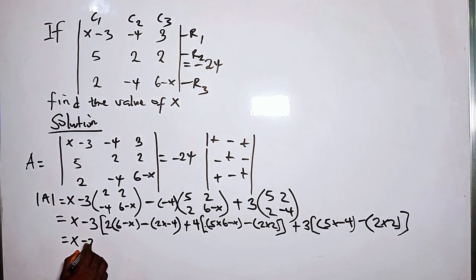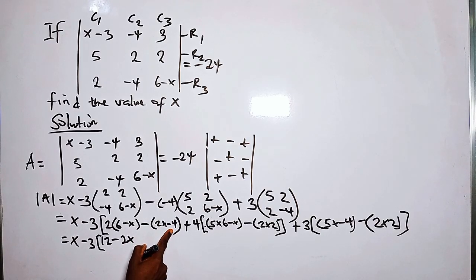At this point we have x minus 3, so for 2 into 6 minus x, 2 times 6 is 12, minus 2 times x is 2x.